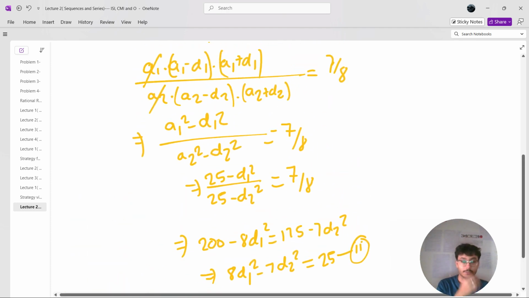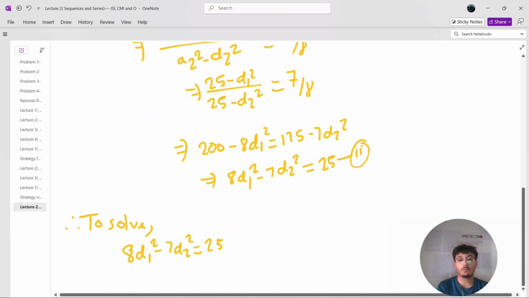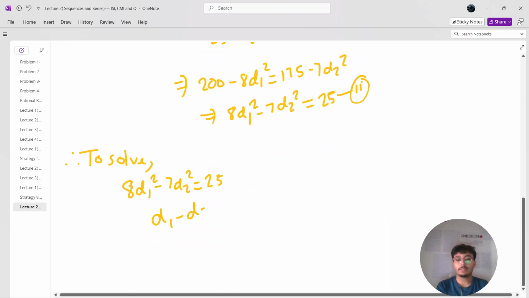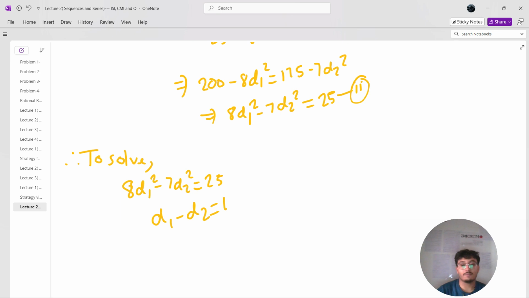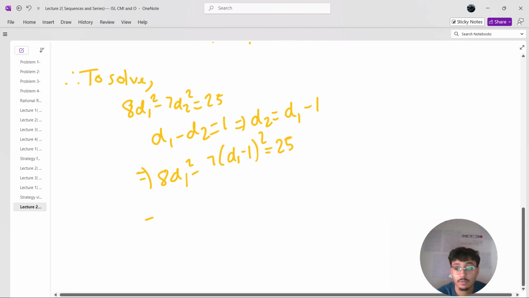And my other equation is D1 minus D2 is 1. Now time to solve them. How do we solve it? Let's substitute. In place of D2, I am going to put D1 minus 1. So 8 D1 square minus 7 into D1 minus 1 whole square gives me 25. It's basically the method of substitution while solving two quadratic equations.